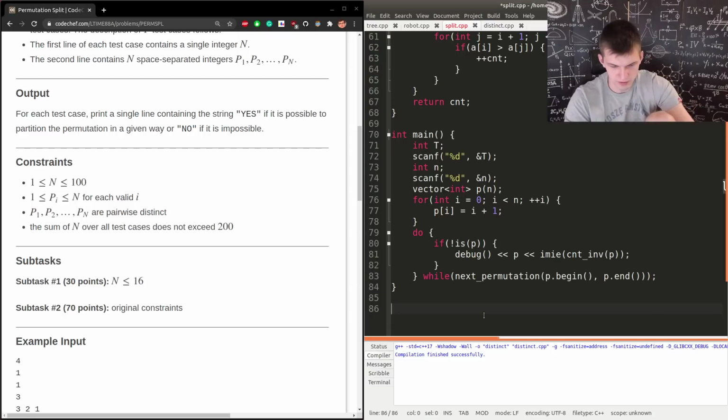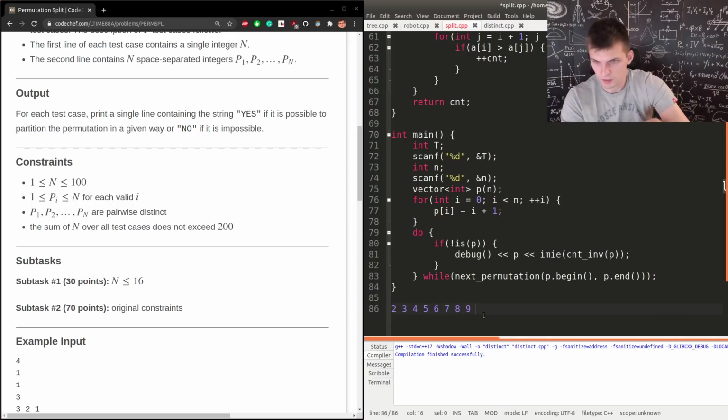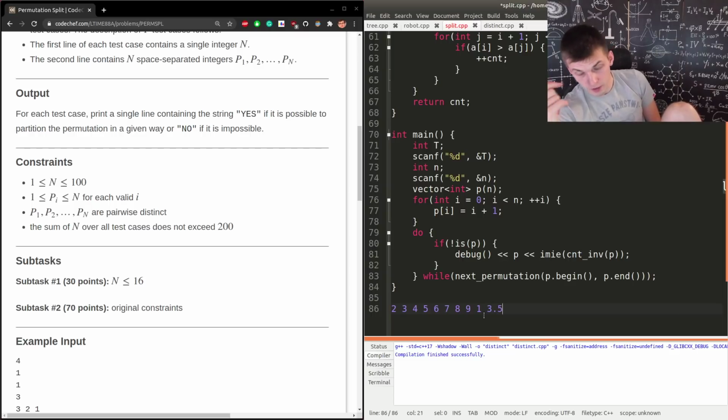There are sequences like this: 2, 3, 4, 5, 6, 7, 9, and 1. The only solution here is to put 1 in the other sequence. If it's 1 and 3.5, let's say, just shift everything, then the answer is impossible.